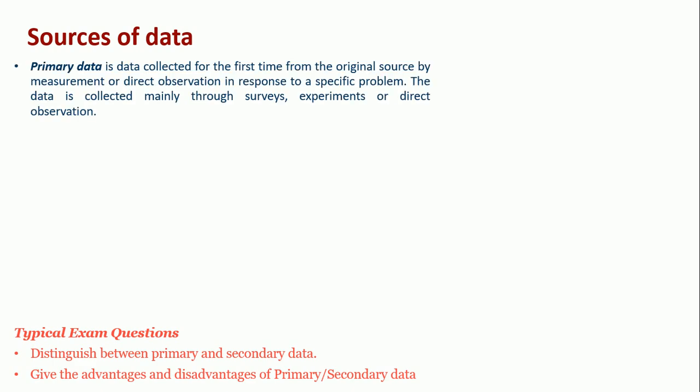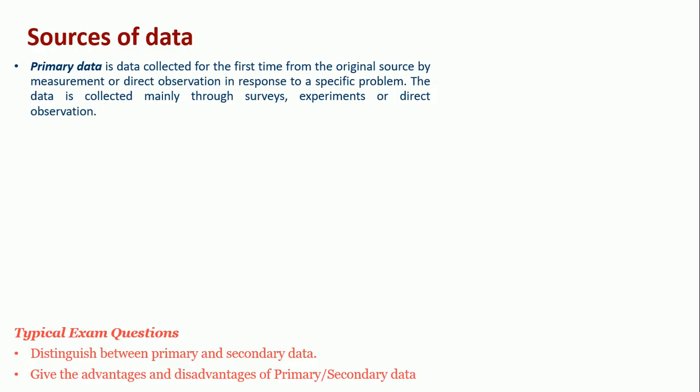Primary data is data collected for the first time from the original source by measurement or direct observation in response to a specific problem. The data is collected mainly through surveys, experiments, or direct observation.